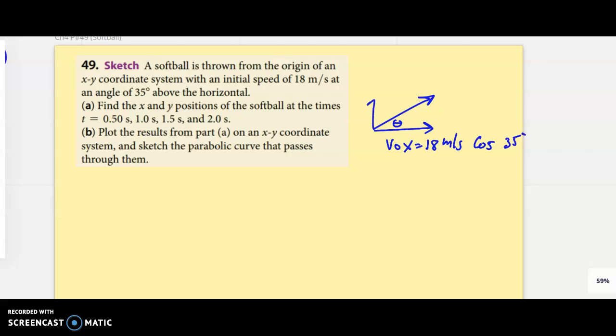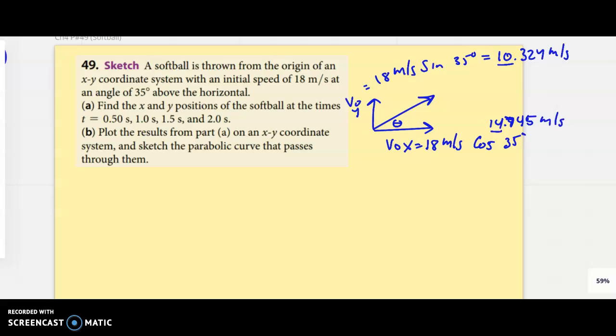And then there's a y component, V0Y, and that's going to be the original magnitude times the sine of the angle given. Now, if you use your machine for this, you're going to get 14.745 meters per second, and for the y component, 10.324 meters per second, 2 sig figs.